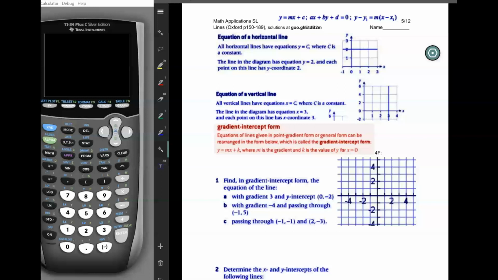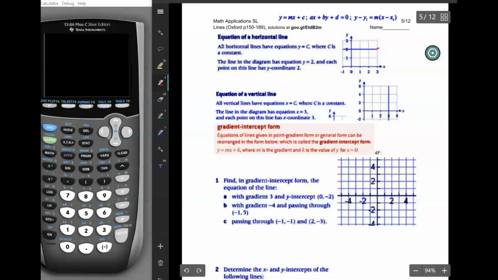Like we talked about a couple pages ago, if we were going to identify the coordinates for any of the points on a horizontal line, we would see a pattern in that the second coordinate, the y coordinate, of every point on this line is the same. It's a 2.